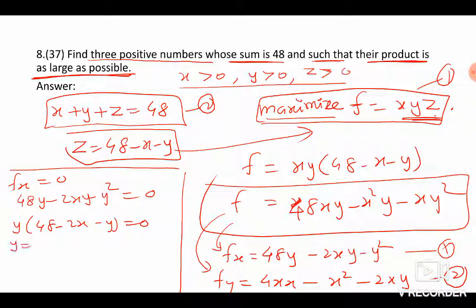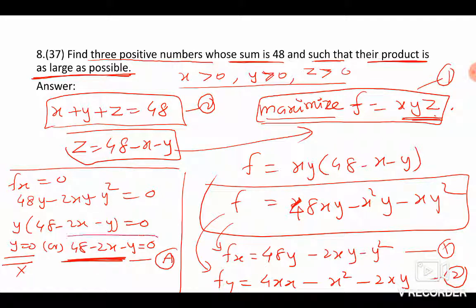So y is 0 or 48 minus 2x minus y is 0. This is result A. And remember, y is not equal to 0. We are allowed to have only positive values of x, y, z. The integers are not allowed to be 0. So we ignore this one. So this is the only conclusion from this one, isn't it? 48 minus 2x minus y equal to 0. This is our result here.